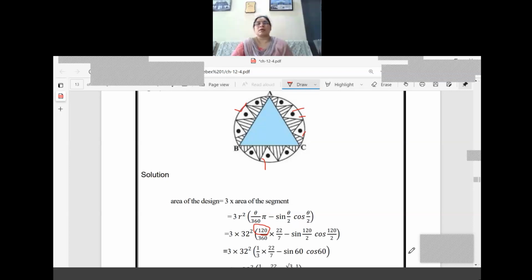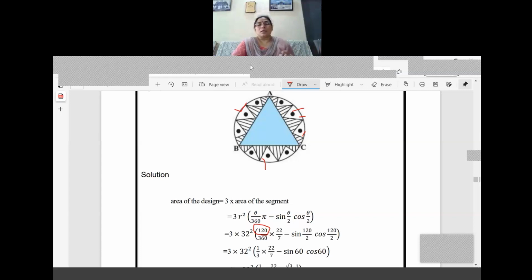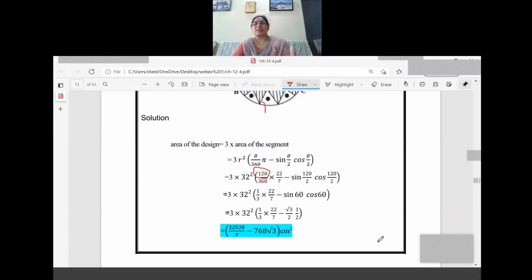So the central angle equals 120. Now, what is the radius? Radius equals 32 only. Just substitute the values, and we get the value in terms of root. So you can keep it like this also: 22528 by 7 minus 768 root 3 centimeter square.